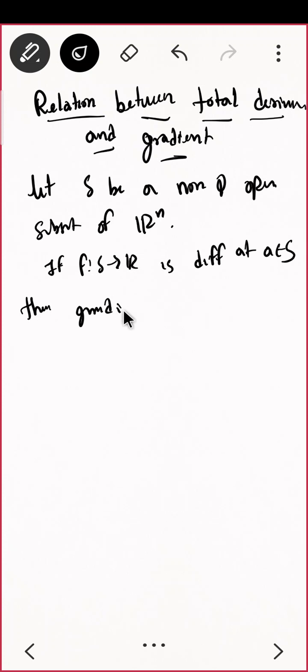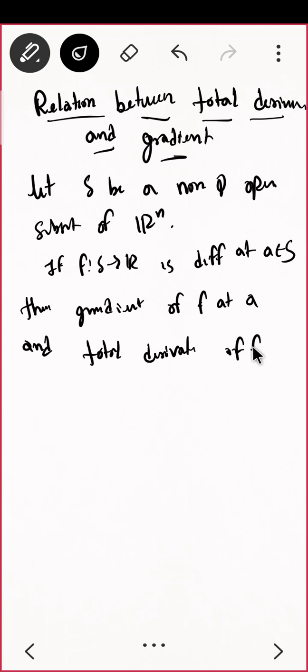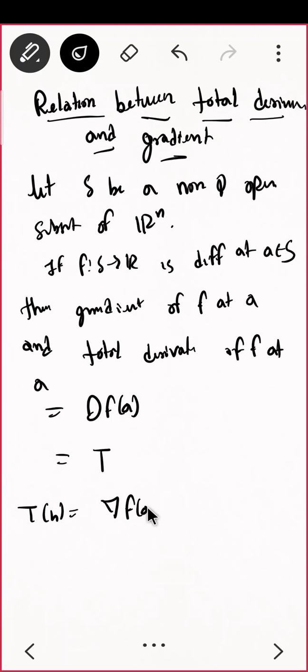gradient of f at a exists, because differentiable है तो gradient क्या है, the coordinates are partial derivatives, so if the function is differentiable, then each coordinate exists, and so del f exists, and total derivative of f at a, that is equal to df of a, and that is given by T, where T of h is equal to del f of a into h.